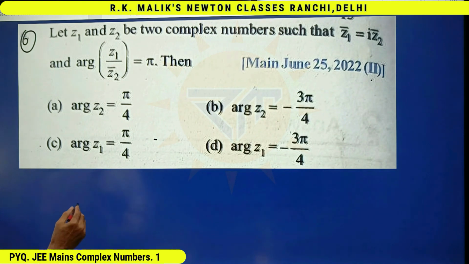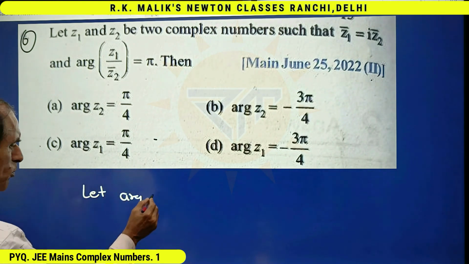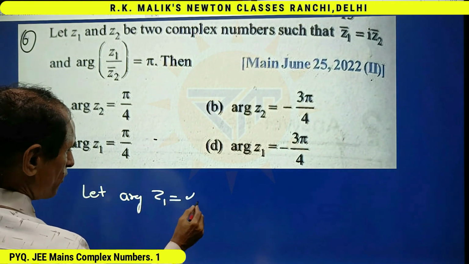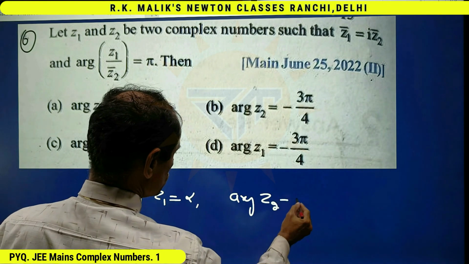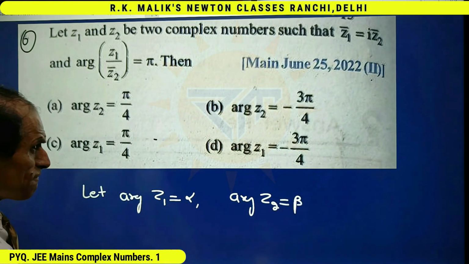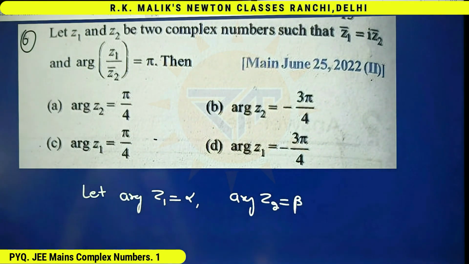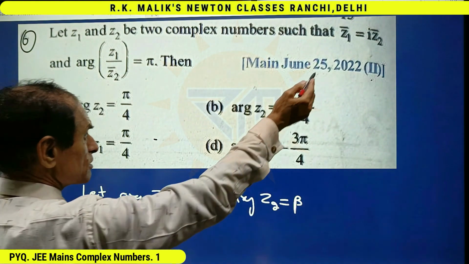To find the correct choice, let argument of z1 equal to alpha and argument of z2 equal to beta. With the help of given information, I will find two relations between alpha and beta, and from those two relations I will find the value of alpha and beta.